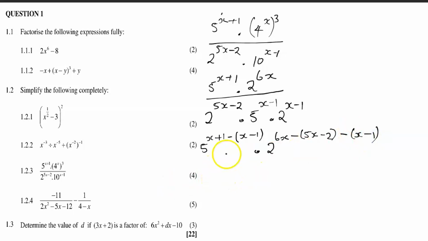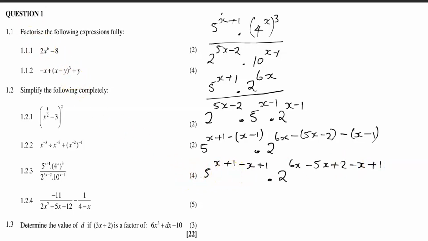And then here it's negative x plus 1. So it's 5 to the power x plus 1 minus x plus 1. This side, 2 to the power 6x minus 5x plus 2 minus x plus 1.